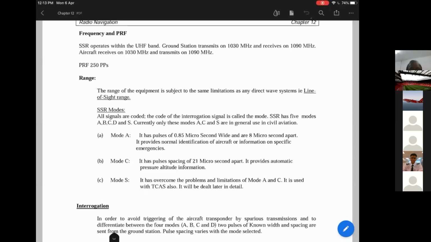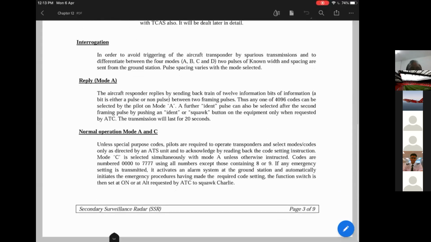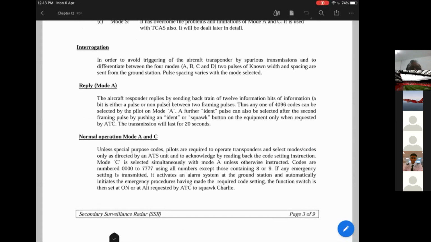Right? Can you go up, please? Yeah, that's okay. Now, when we talk about interrogation, there is a special identification switch on mode A, which is called the squawk. If there is large traffic in the area where the controller is controlling, they want specific information regarding you, and the controller on the ground will ask you to press squawk or press identification.